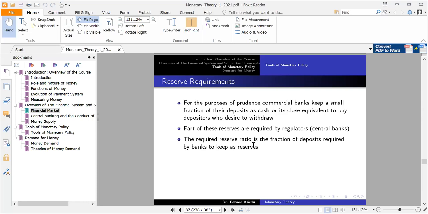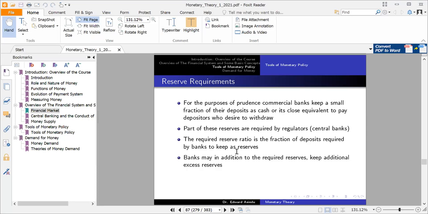The required reserve ratio is the fraction of deposits banks are required to keep as reserve. So let's say 20%, or let's say 10%. If it's 10%, if I deposit 100 Ghana cedis, the bank can only loan out 90 cedis and not all the 100. 10 Ghana cedis has to be kept as reserves, and this is the required reserves.